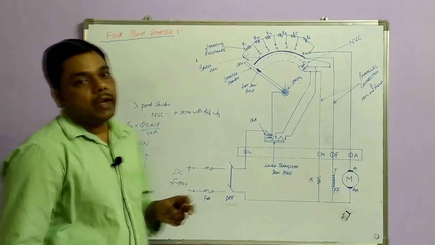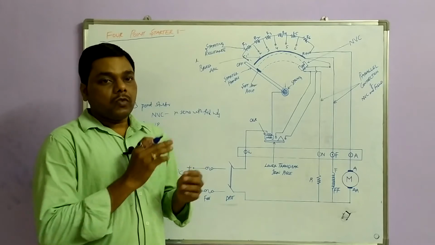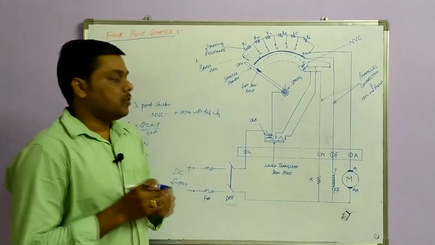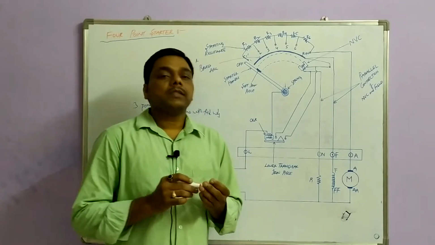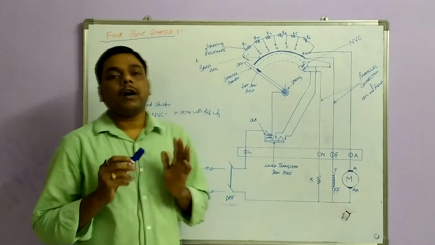So I cannot keep the flux constant. So the speed may not be varied by keeping the flux at the same value by using a 3-point starter, especially in compound motors.